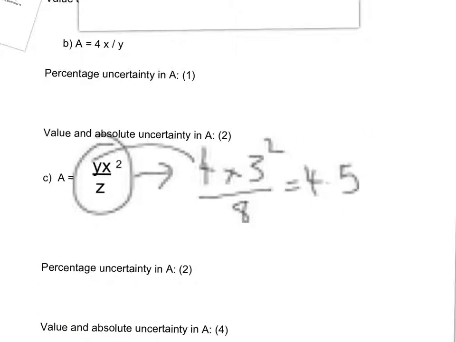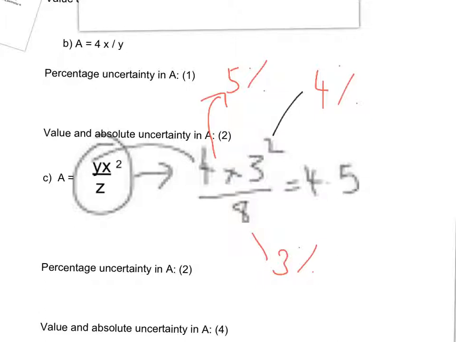And now let's work out our percentage and our absolute uncertainty. Well, we've got the uncertainty in x of 4%, z is 3%, and in y it's 5%.